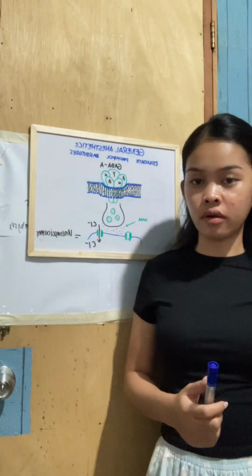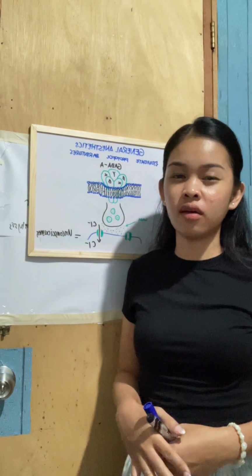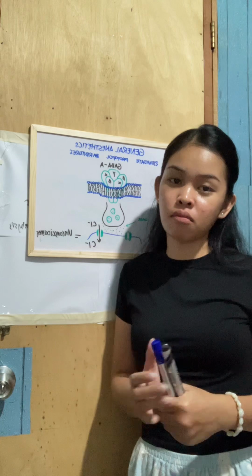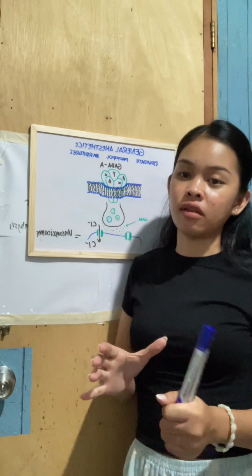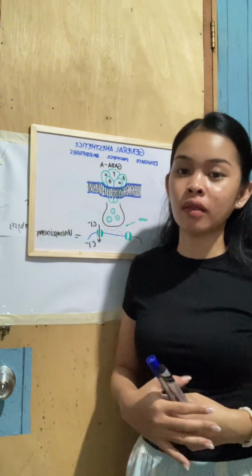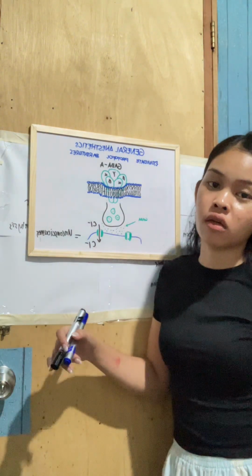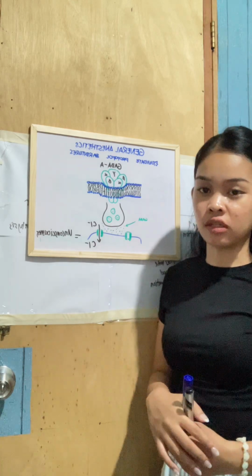Now at the molecular level, things are getting a little bit more complicated. So to make things simple, we can divide the general anesthetics into three groups based on their abilities to produce unconsciousness, immobility, and analgesia.